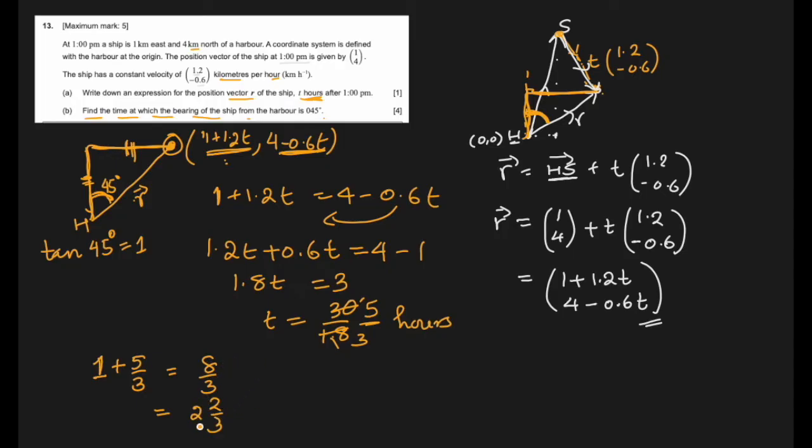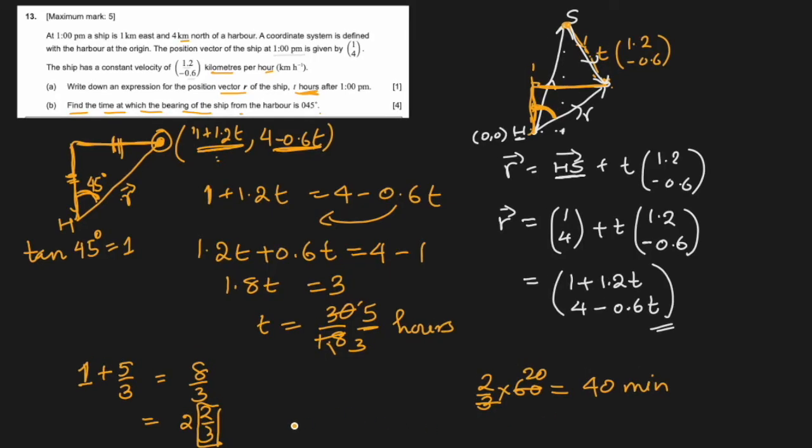But we can't give time as 2 2/3, so this has to become minutes. Convert 2/3 by multiplying by 60, which gives 40 minutes. So the time of having 045 bearing is 2 hours 40 minutes.